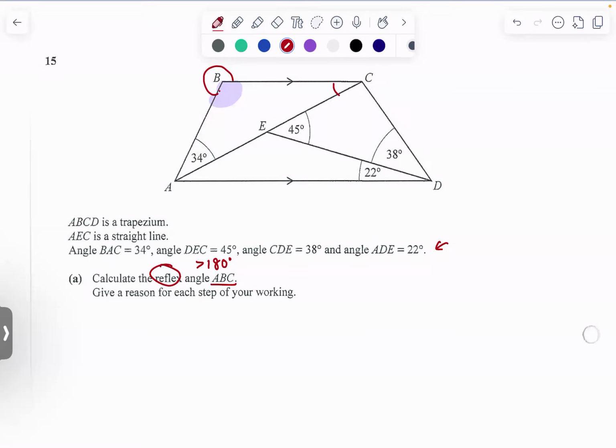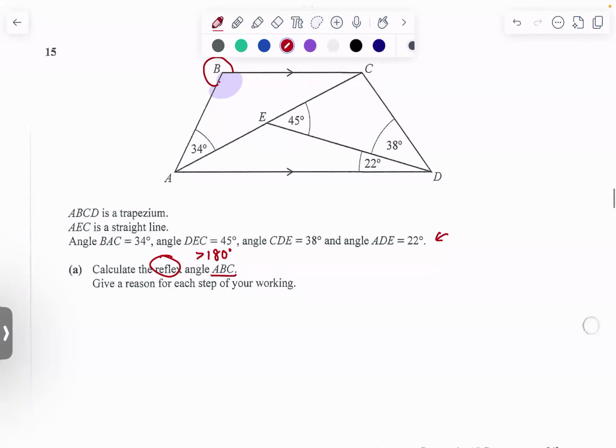So from ACB, if you want to find that angle, you have to find this angle and then this angle, right? Honestly, there are quite a few ways to find it, but depending on what you see first, as long as you get the answer, you're settled.